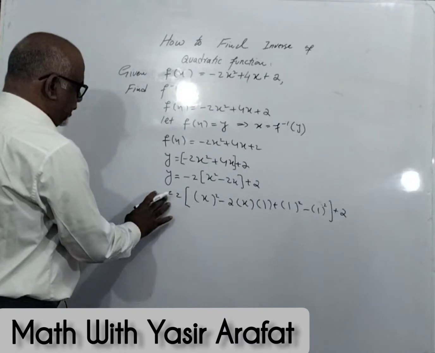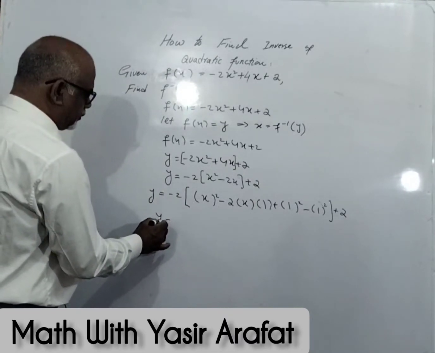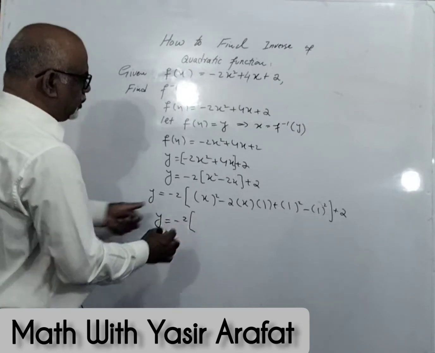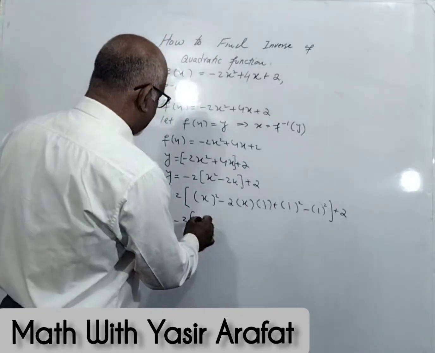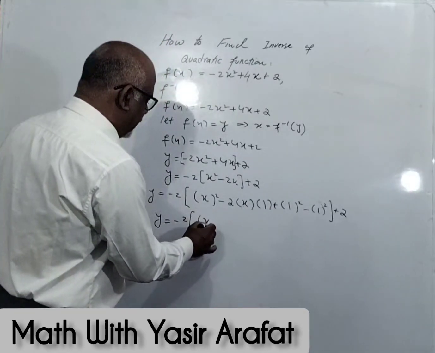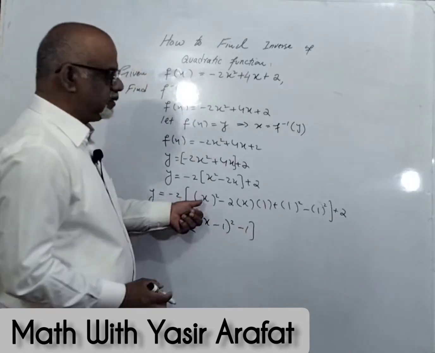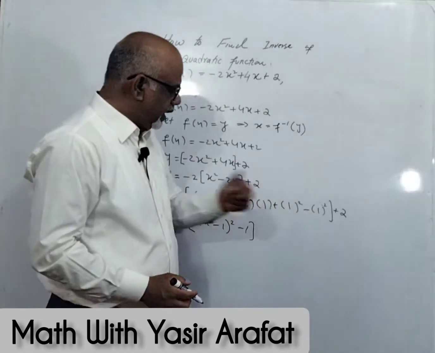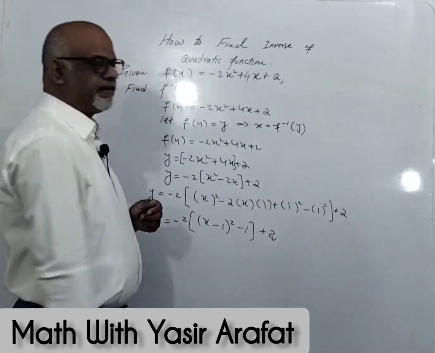So here y is equal to, this is a square minus 2ab plus b square, which is equal to a minus b to the whole square, where a means the x and b means the 1. And this plus 2 remains the same.